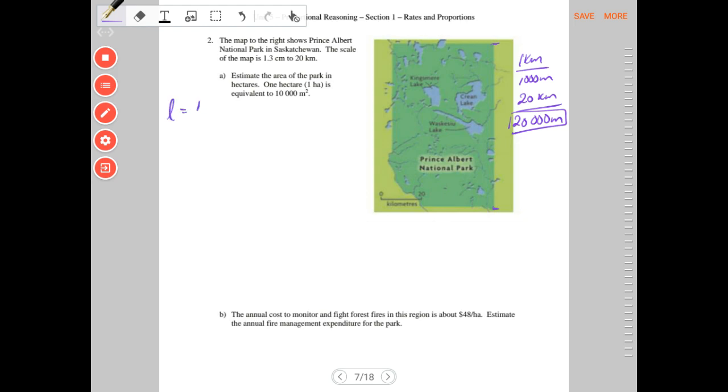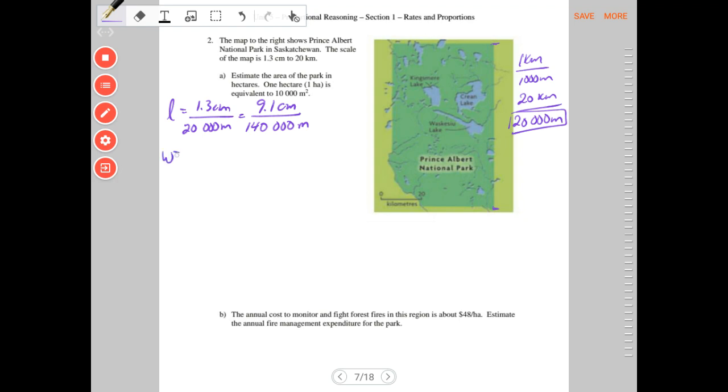Remember that 1.3 centimeters in picture represents 20,000 meters of real life. So I measured the length to be 9.1 centimeters on my picture. So cross multiplying 9.1 times 20,000 divided by 1.3, and I got 140,000 meters. Okay, that's my length.